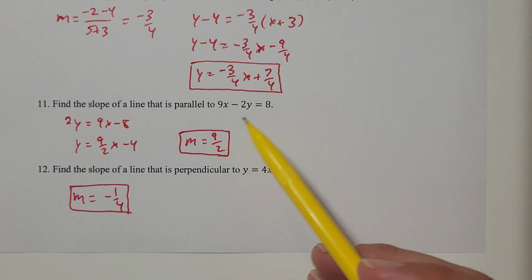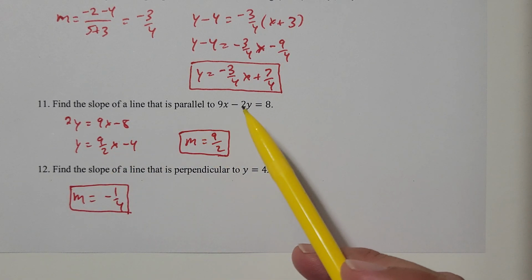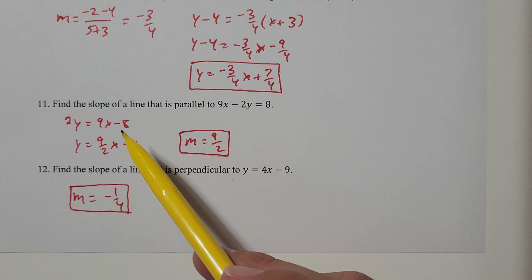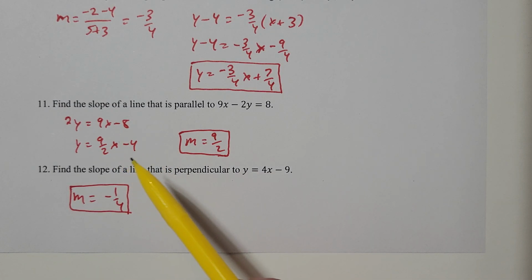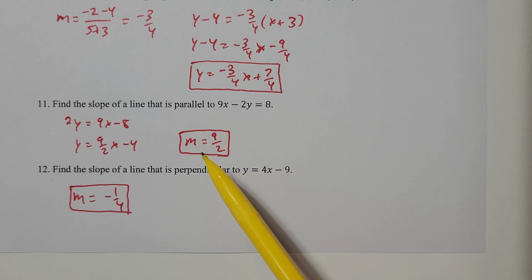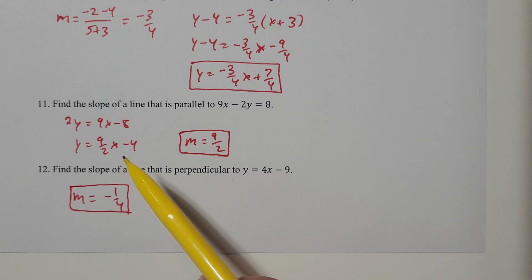So if I add 2y and then subtract 8, 2y is equal to 9x minus 8. And then divide by 2, y would be 9/2 x minus 4. Okay, so the slope of this line is 9/2, which means that any line that's going to be parallel to this line here must also have a slope of 9/2.